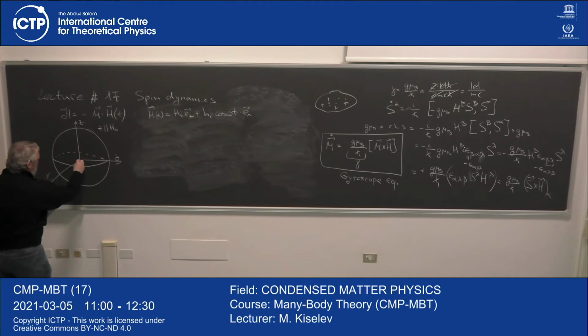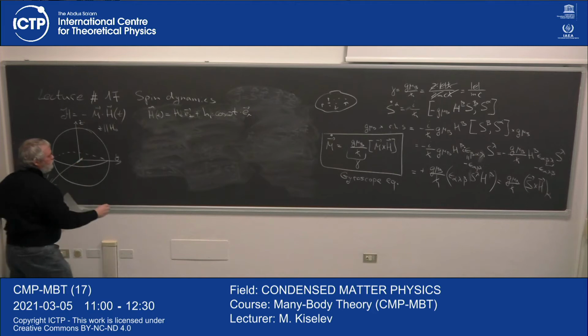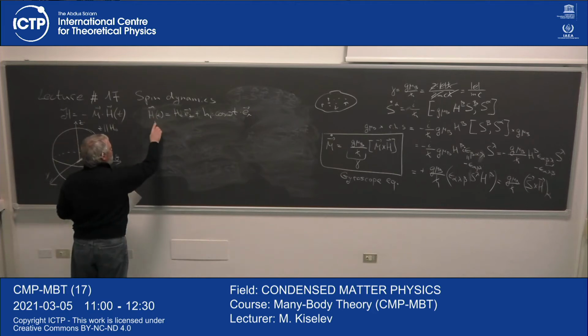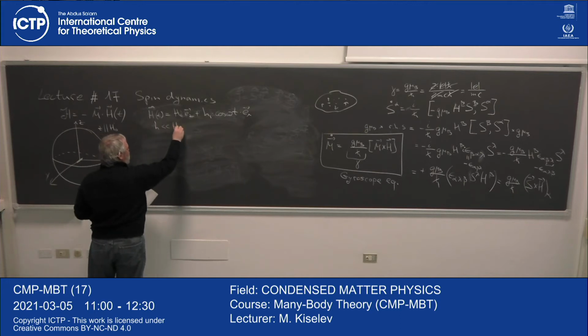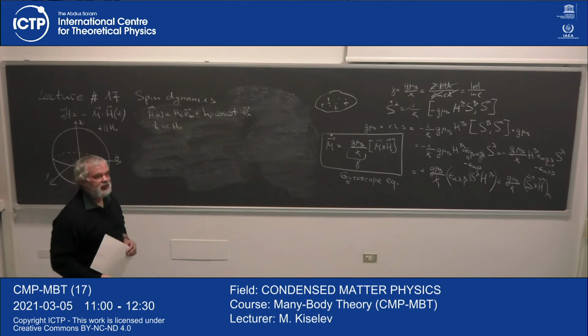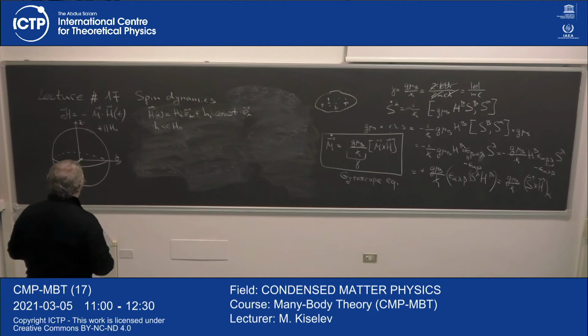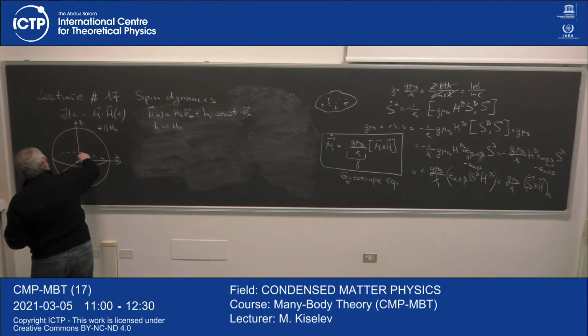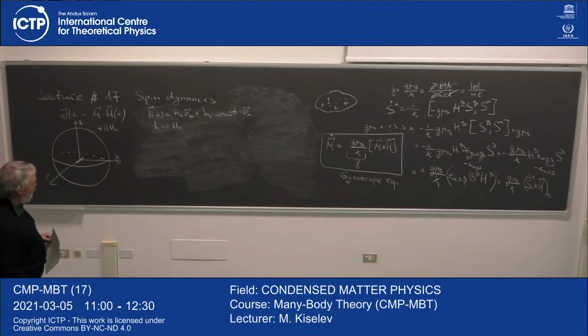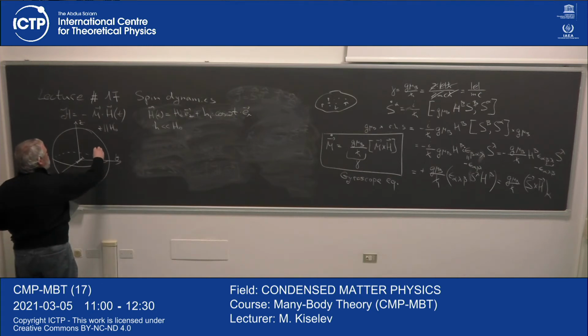Then you have an oscillating field with a small amplitude. I will assume that H1 is much smaller than H naught. It will help me to do something. So this is the oscillating field along the direction x, and I draw the sphere with a radius equal to magnetization M naught.